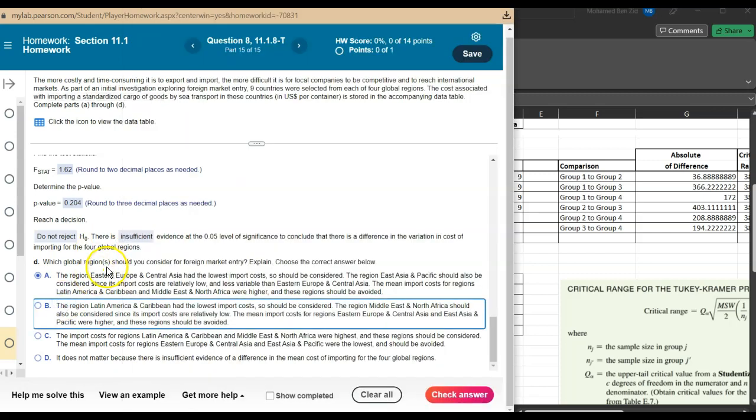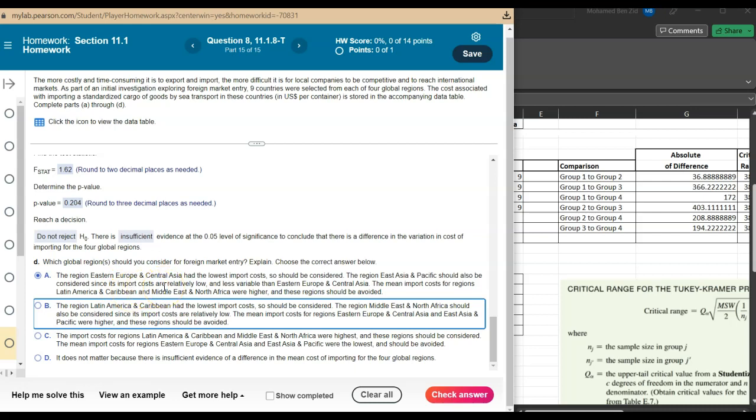So reading through this, here it is saying the region Eastern Europe and Central Asia are the lowest cost, so should be considered, right? And that's basically the statement we are looking for. And the region of East Asia and Pacific should also be considered because its import costs are relatively low.